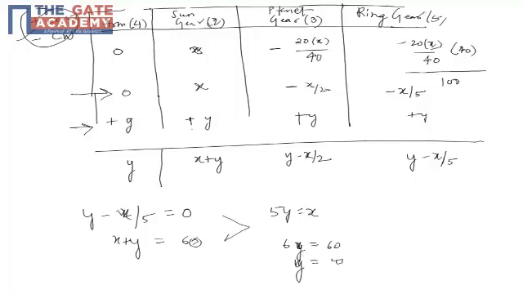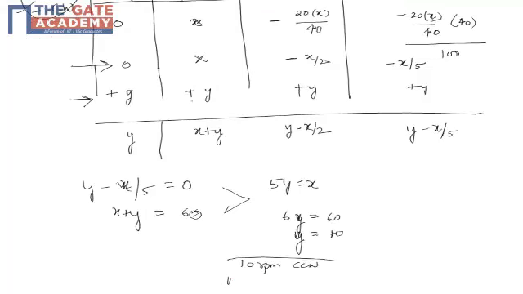Oh, sorry, 6y is 60, so y we get as 10, because we substitute 5y in place of x. So y is 10, and remember that it's 10 rpm in the counterclockwise direction because we assumed positive to be counterclockwise. So 10 rpm counterclockwise is the rotation of the arm, and that is what is asked.